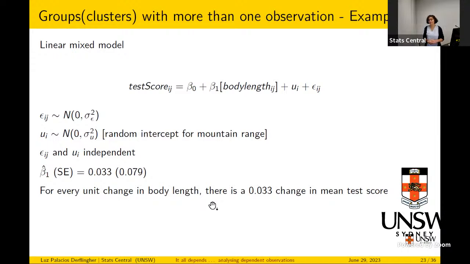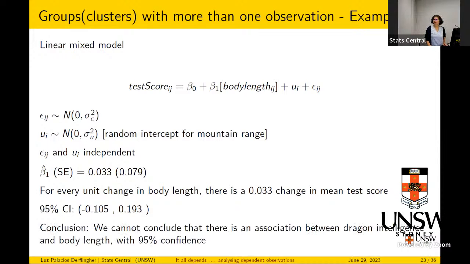So based on the point estimate, for every unit change in body length, there is a 0.033 change in mean test score. But the confidence interval now includes 0. So we cannot conclude there is an association between dragon intelligence and body length.